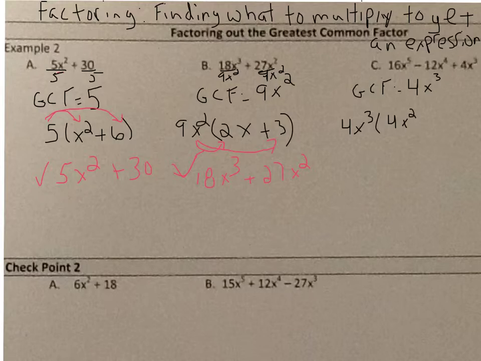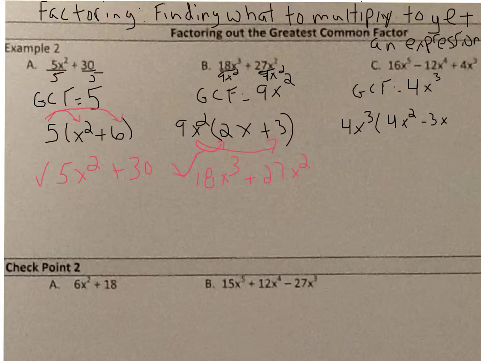If I take negative 12 and I divide by 4, I get a negative 3. So that makes it, inside the parentheses, minus 3, x to the 4th divided by x to the 3rd is x to the 1st, which is just x. And then I've got 4x cubed divided by 4x cubed in the last one.